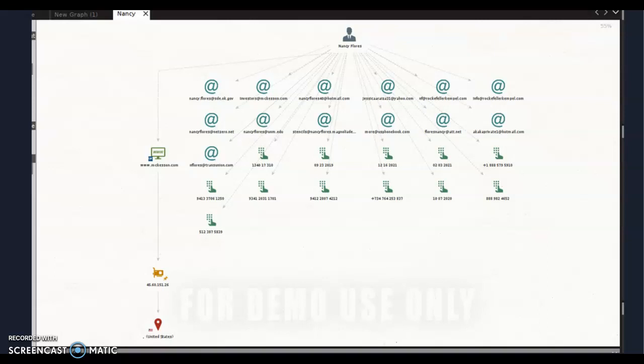Through Nancy Flores, I was also able to discover some IP addresses as well as the physical location in which she is based, because McKesson has many offices all over the world, but I was able to pinpoint Nancy Flores to their Texas office location.